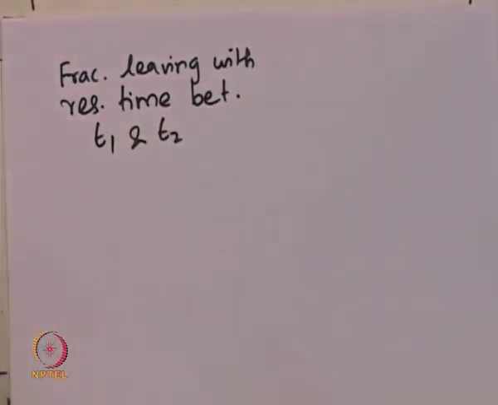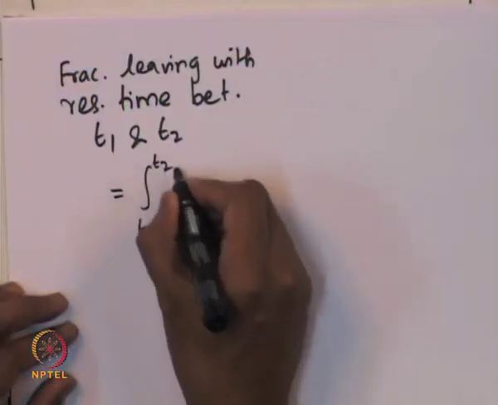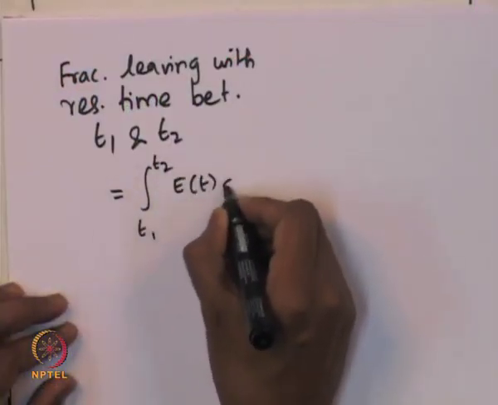I want to know what fraction of the material fed into the reactor has spent a time between certain T1 and T2. That fraction is essentially given by the integral from T1 to T2 of E of t dt.